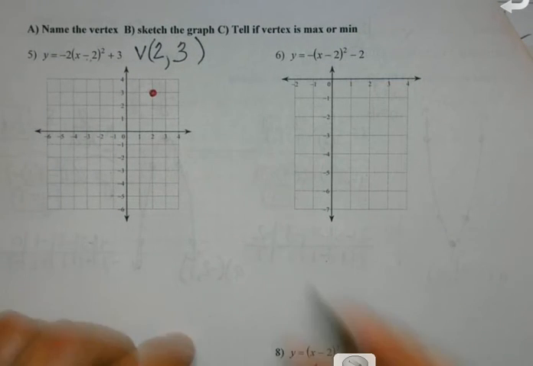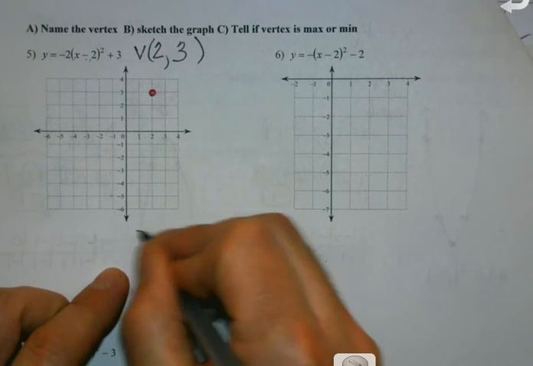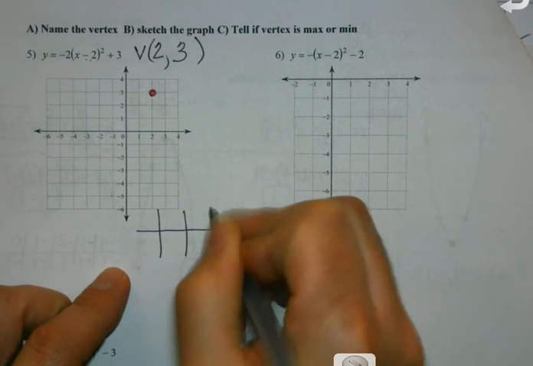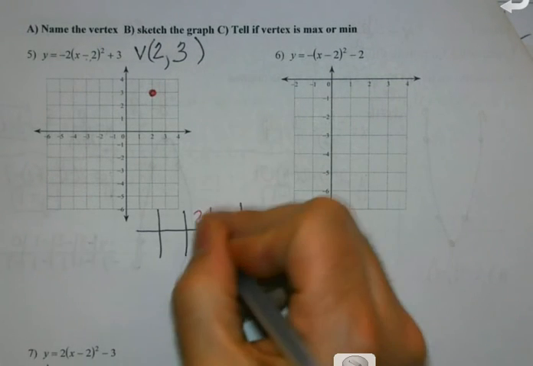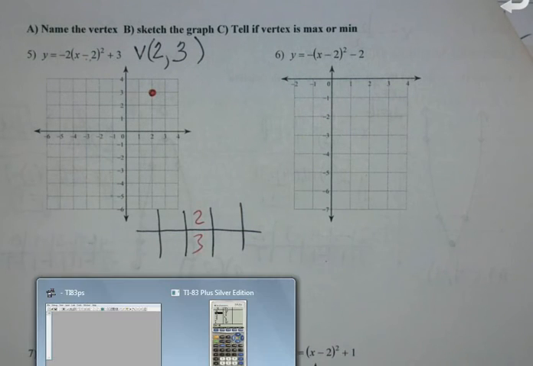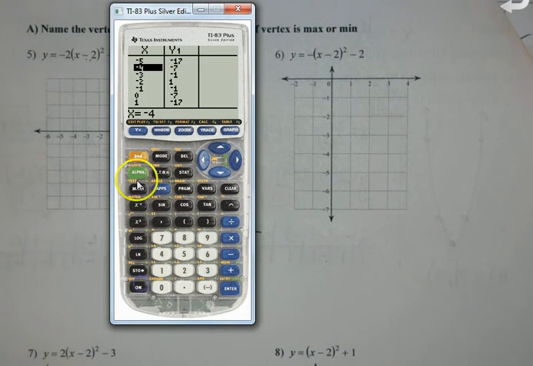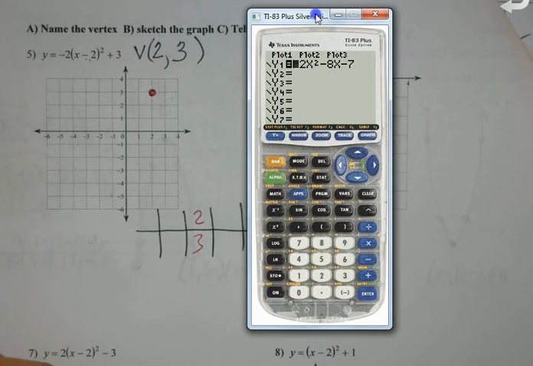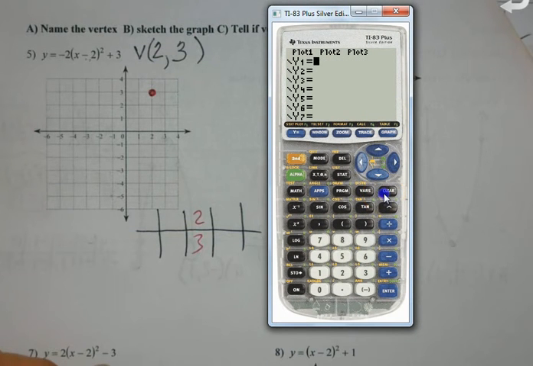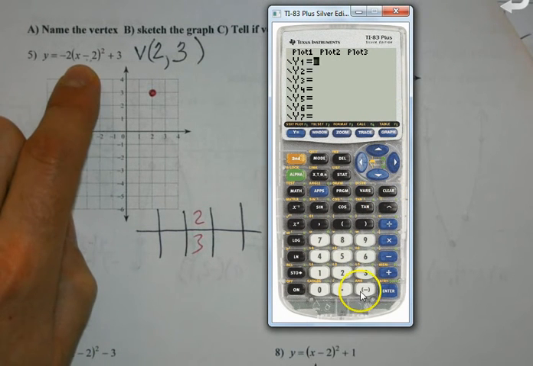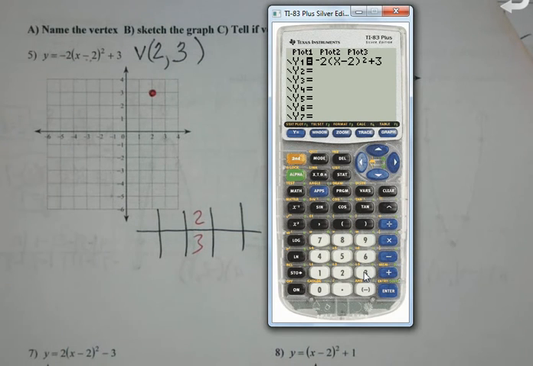And again, this one makes life really easy on us, because by having the vertex already, I can go straight to the calculator. I've got -2 times (x minus 2) squared plus 3. I just make sure it's typed in right.